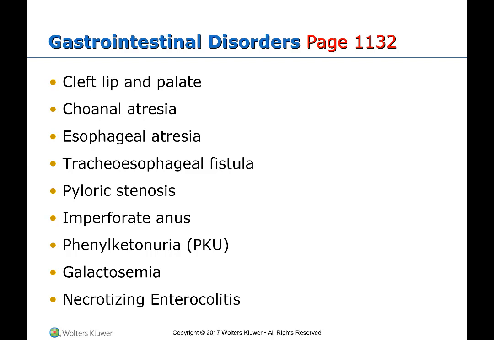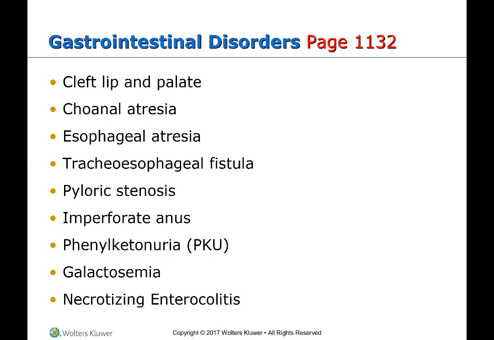Vertical opening in the upper lip. Could be a notch. We also have, if the palate, the roof of the mouth, if that is split, then that's known as a cleft palate. I guess I should have said I was talking about cleft lip first, not cleft palate. So cleft palate would be more serious, and it can be both sides. It can be cleft lip and cleft palate.